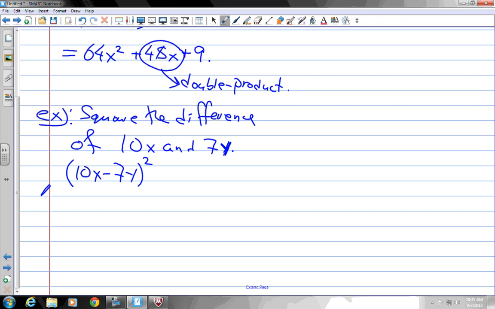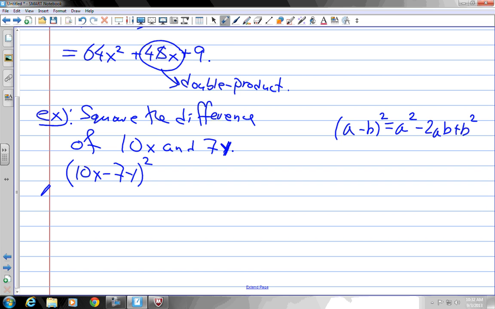So we'll use that formula for the difference. Square of the difference. We'll use this little formula here. So it's same as the one before, only it has a minus in front of the 2. So that's the only difference between the two formulas. So what's going to be our A? 10x, and what's our B? 7y.